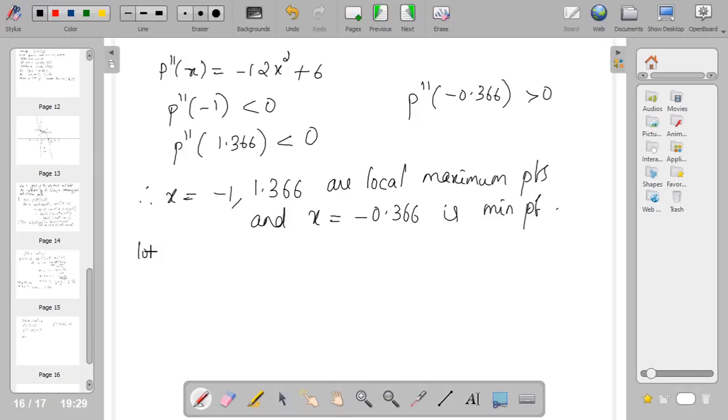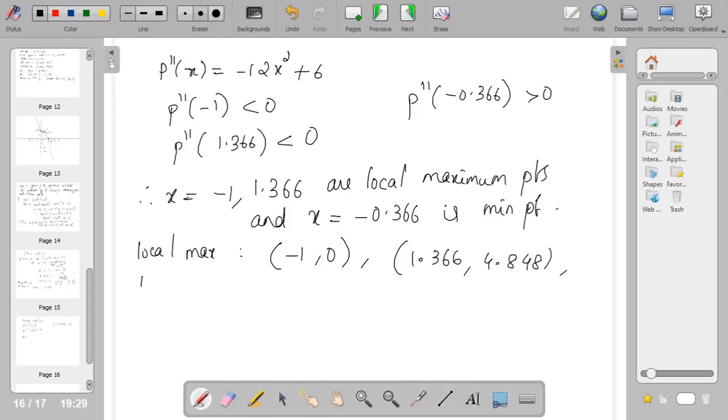So let us write down the coordinates. For the local maxima, x equal to minus 1 gives value 0. Then at 1.366 you have 4.848, that is the value.